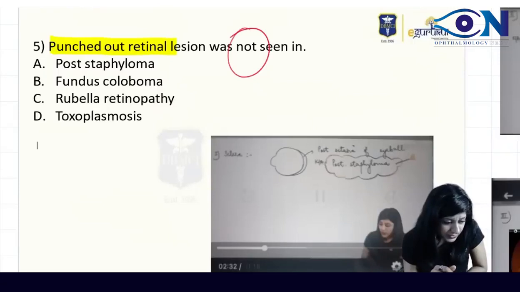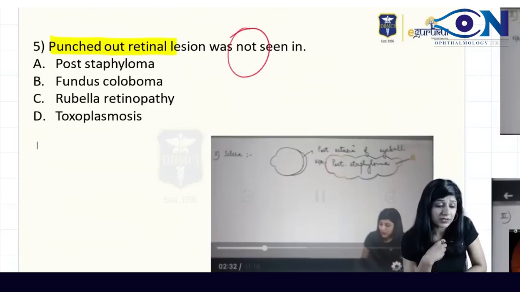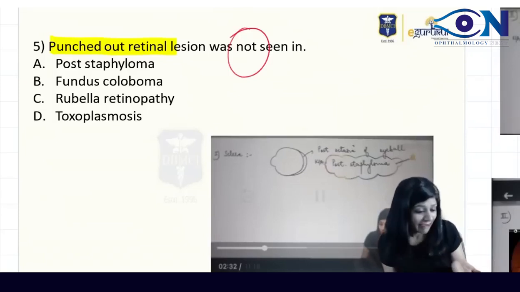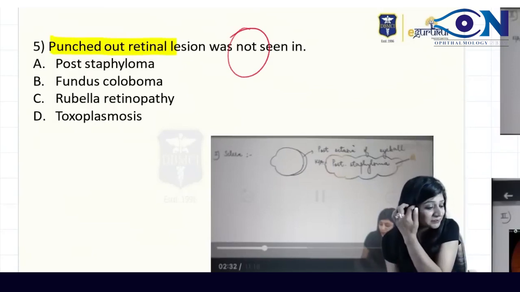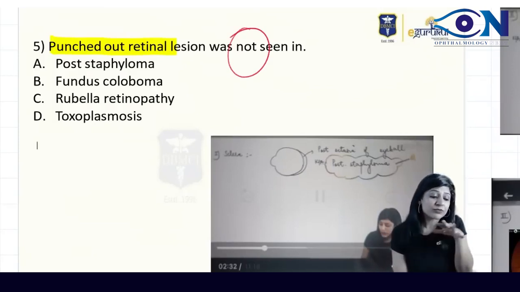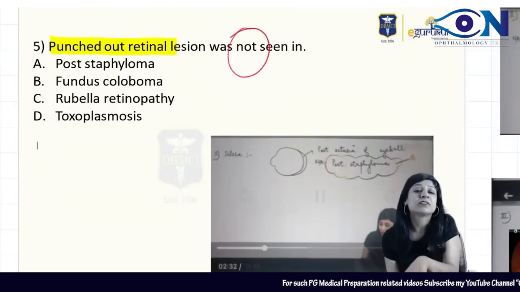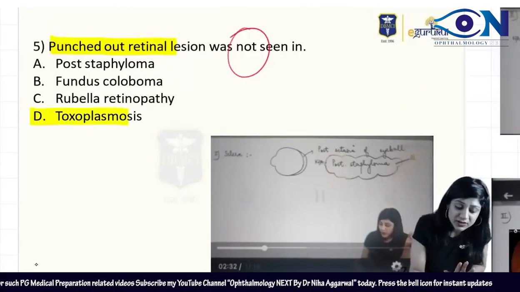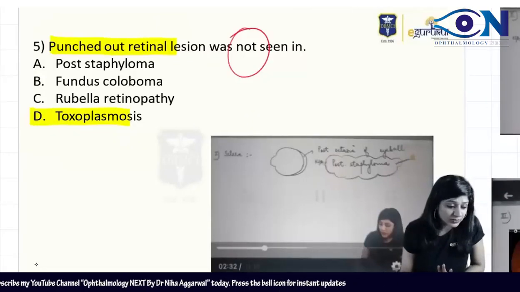Okay. It is seen in, because I really see that even now there is a mixed response that it is seen in and it is not seen in, because out of these only one option shows punched out lesions, and that is the toxoplasmosis. Only the one option.